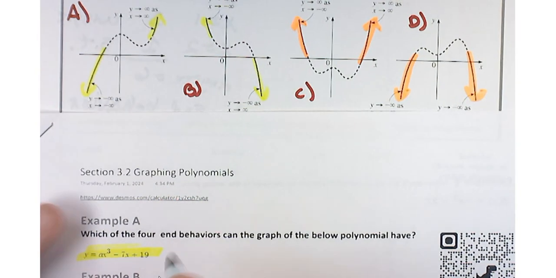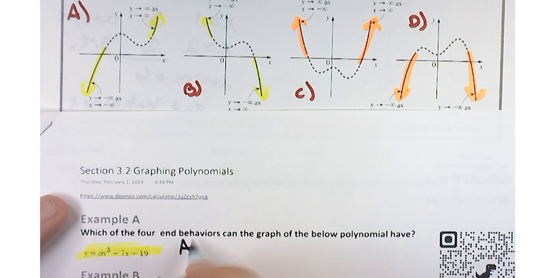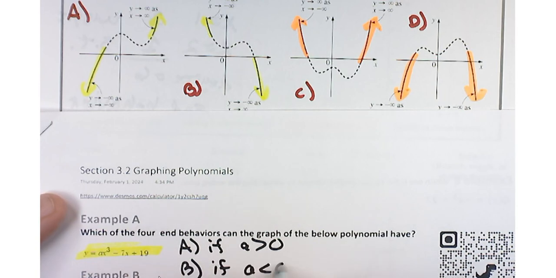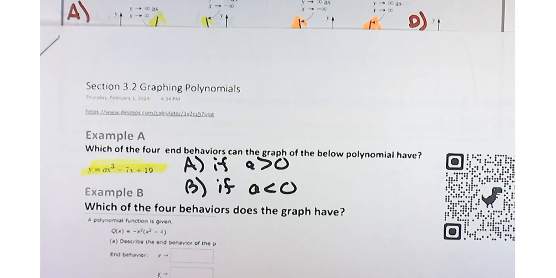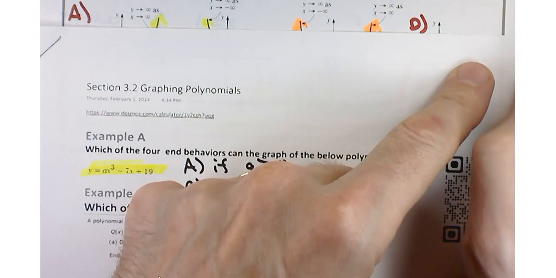So it kind of depends. It's going to be A if little a is greater than 0. It's going to be B if little a is less than 0. So it depends on the sign of that leading coefficient. It could be one of those 2 possibilities. You just don't know. You've got to be a little bit careful in how you play that one.